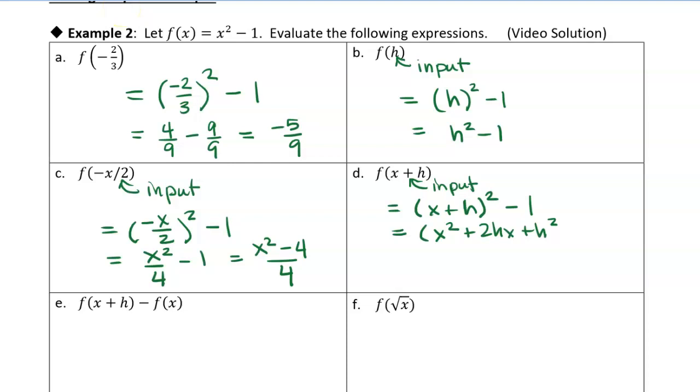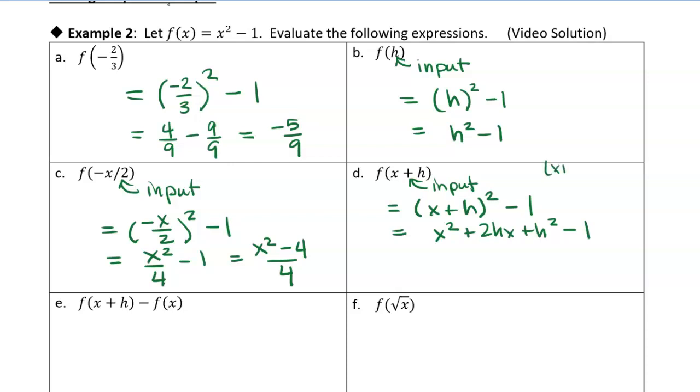All right. Now I probably don't need those parentheses once I square it out, and then I'm going to subtract 1. So this first part is x plus h squared, and then I have to subtract 1. Now this is just foiling it, right?